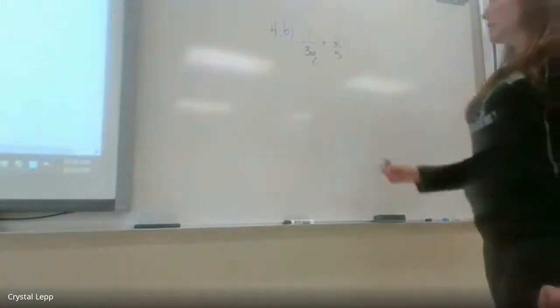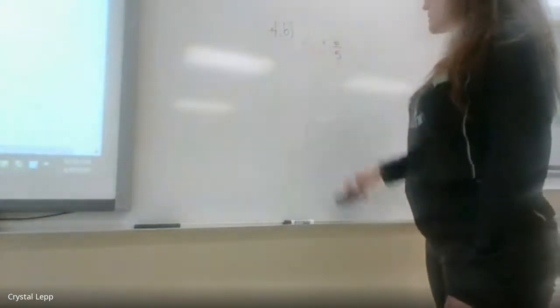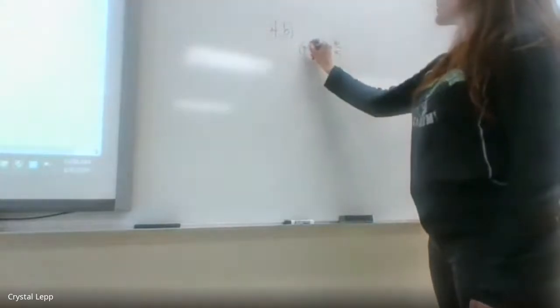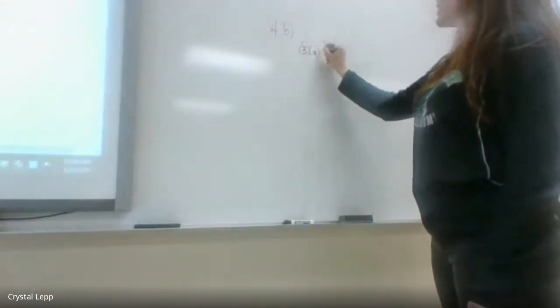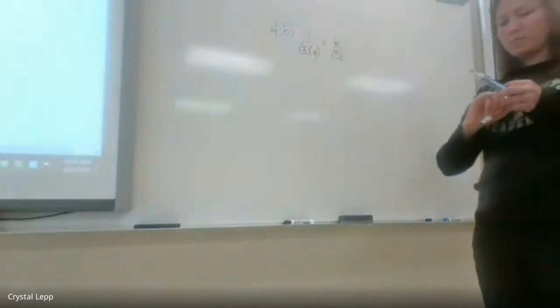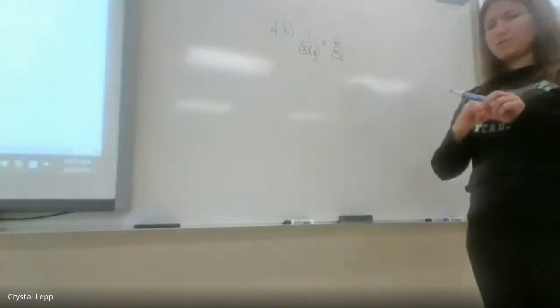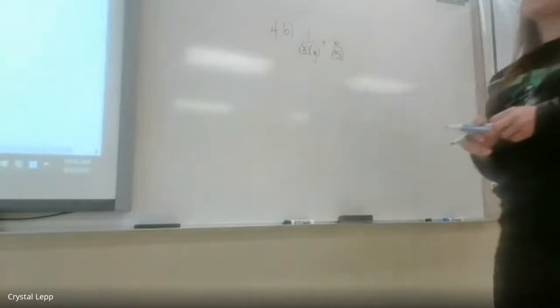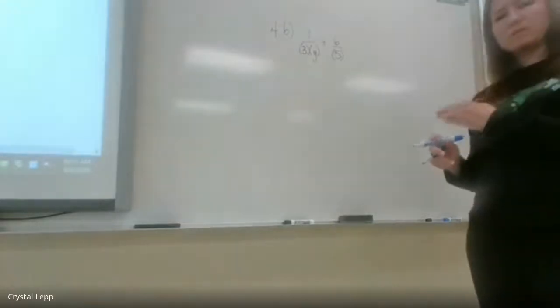Now the 3 and the y are separate. I'm just going to rewrite it so I can put in brackets apart. So I have a 3 and a y in brackets, and this one I have a 5. Okay? There's no plus or minus signs. This is a monomial. So if you have monomials and they're not the same, you're going to follow example 4. So I lumped them into certain examples.